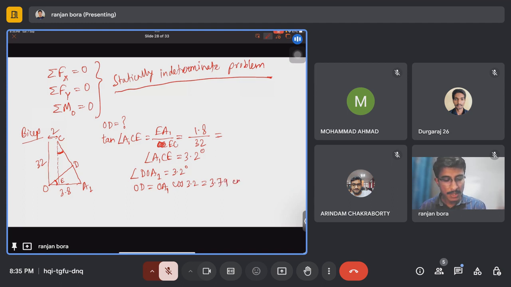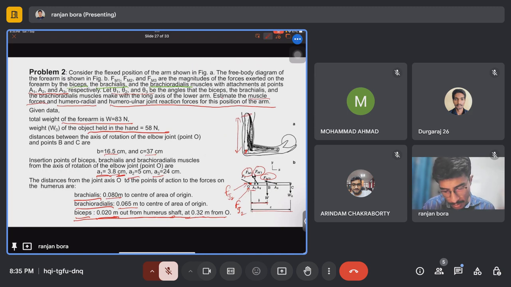This unit is centimeters. So we have found it for the biceps muscle. Now we need to find it for brachialis and brachioradialis.